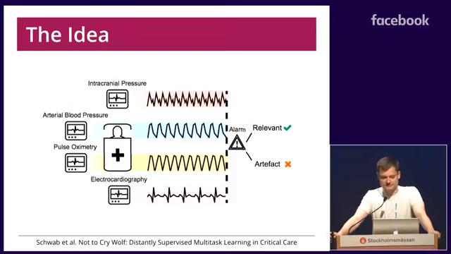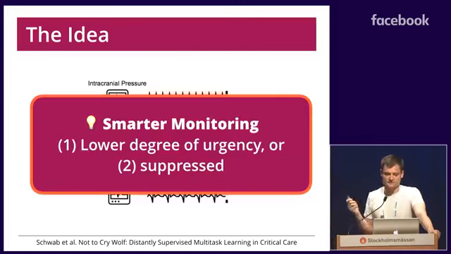What we do is check the prior history of the signals up to a specific length, and check whether there was anything that indicates an artifact or a technical error. These alarms we can route either to be suppressed or reported with a lower urgency. And if we think it's a proper alarm, then we route it to the clinical staff or the nurses to be actually seen. This is what we call smarter monitoring.